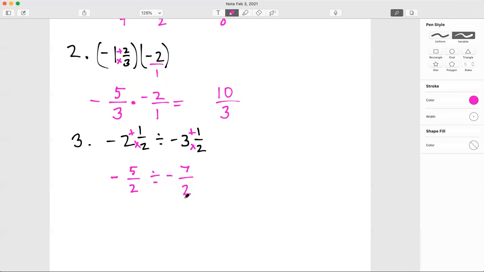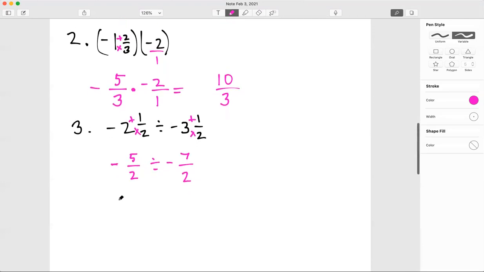All right, next step. We've got negative 5 halves divided by negative 7 halves. Dividing by a fraction is the same thing as multiplying by the reciprocal.